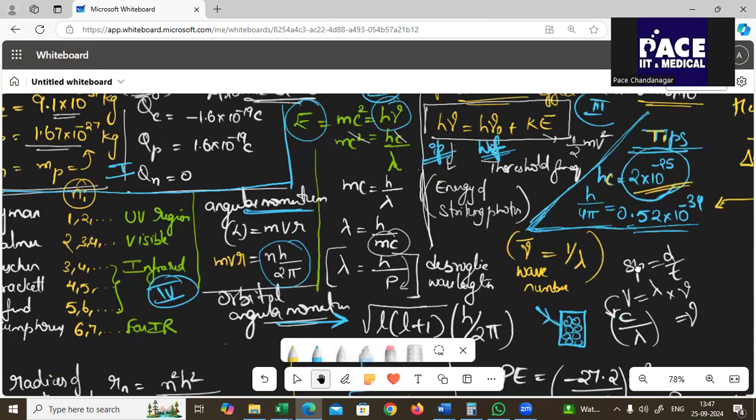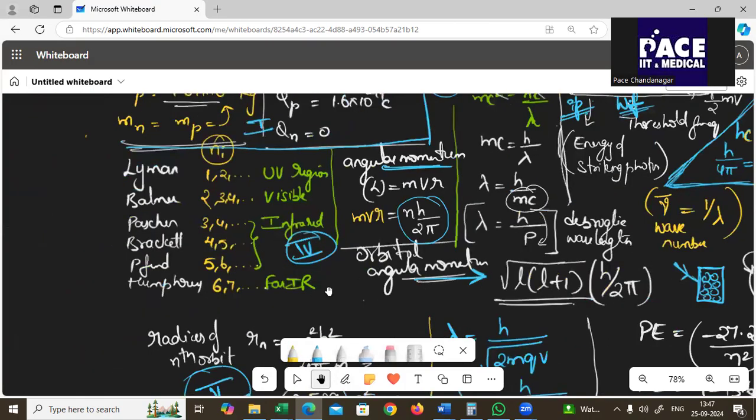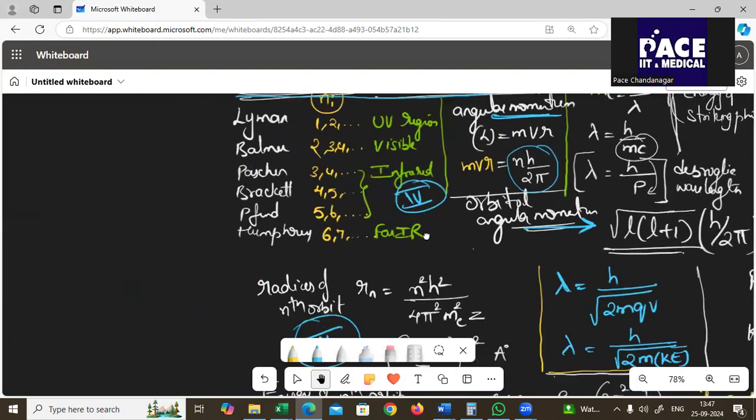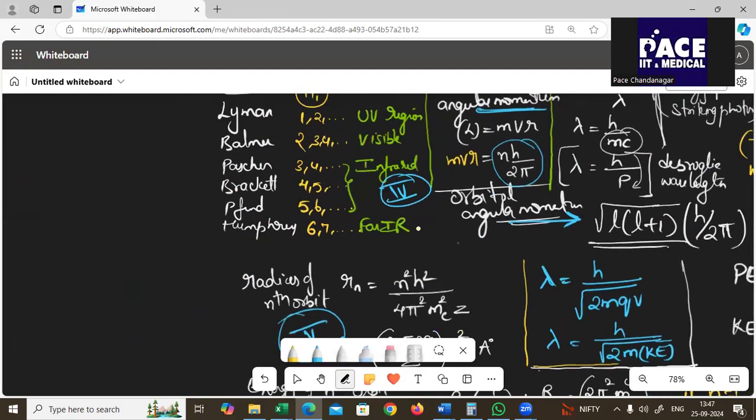Now we have the spectrum. You have the Lyman series, Balmer series, Paschen series, Brackett, Pfund, Humphreys. You can remember this way: Lyman, Balmer, Paschen, Brackett, Pfund. Now, if the electrons are moving into the first orbit, then it is UV.